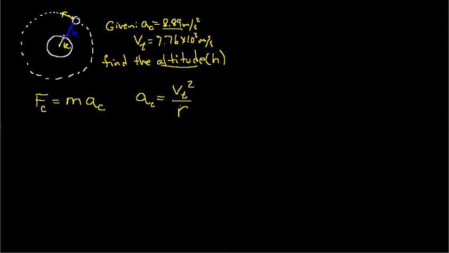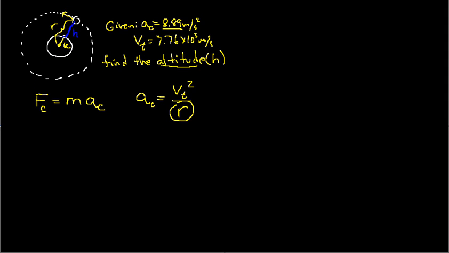Now that r is the distance from the center, remember, because it's moving in a circle, so it's from the center to where it is. That is this length here. But now look, this r is the radius of the Earth plus the height above the Earth.